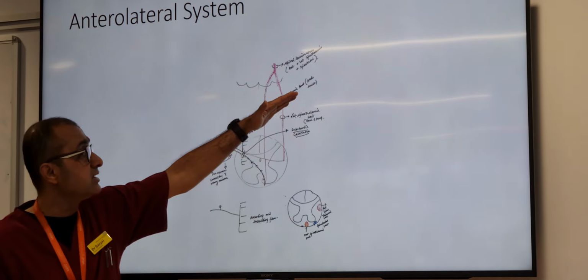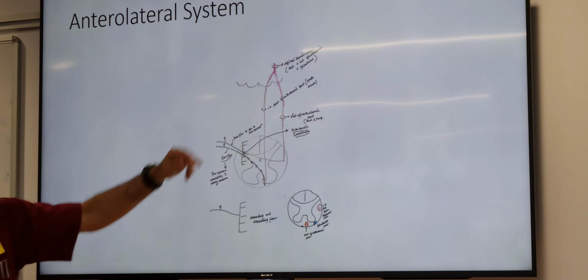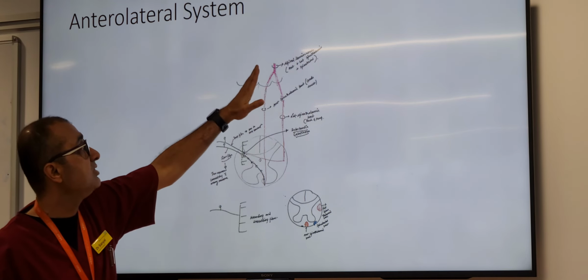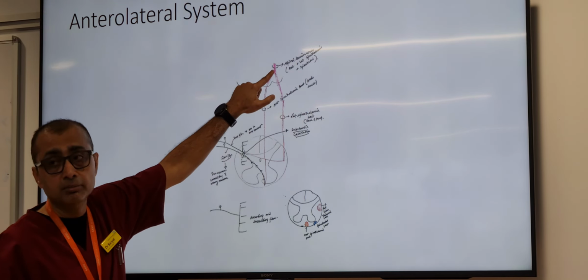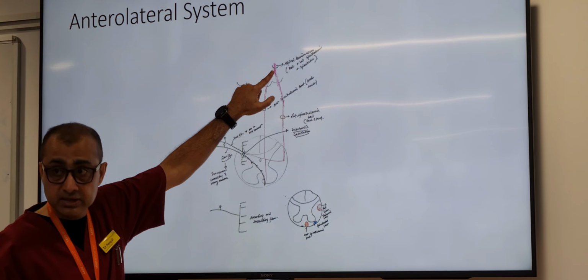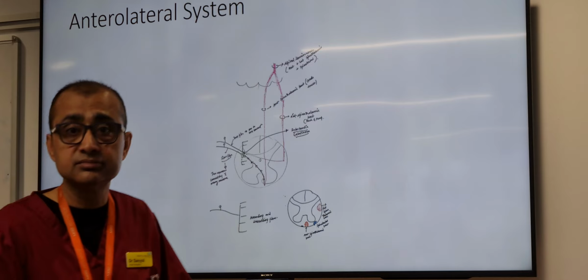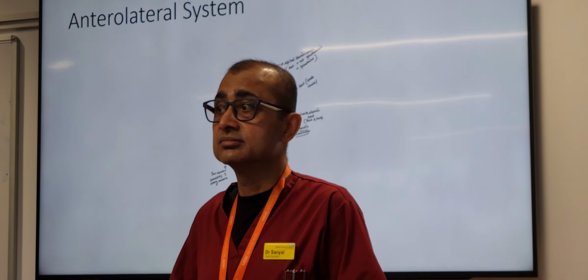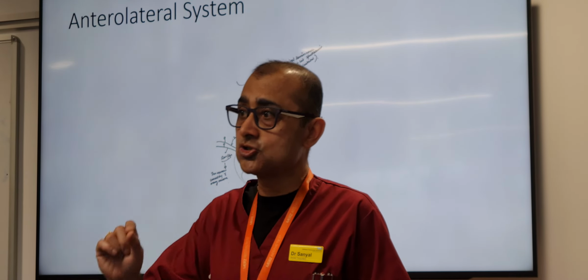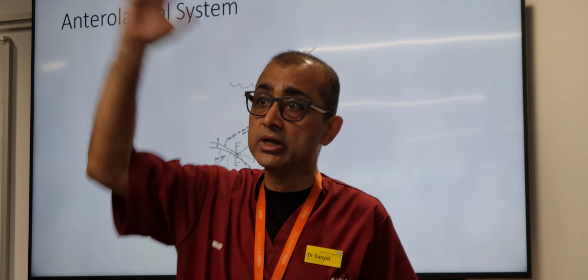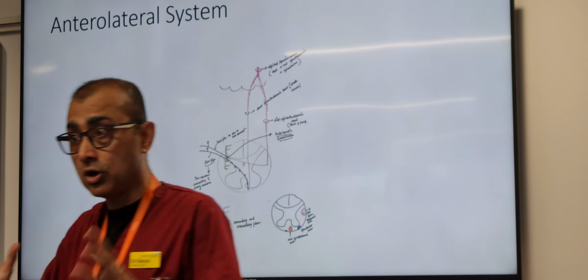So the anterior spinothalamic tract will take the crude touch and the lateral will take pain and temperature, and then they will join in the brainstem to form the spinal lemniscus. And where will they go and relay? Ventro-posterolateral nucleus of thalamus. Okay, and then eventually they will go to the cortex.